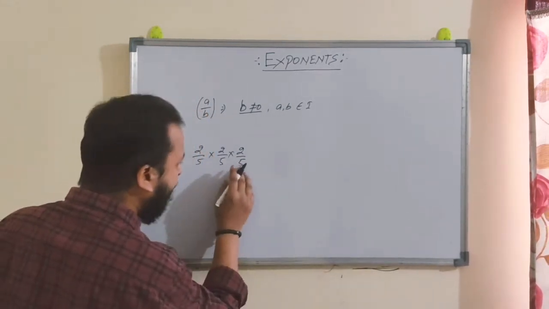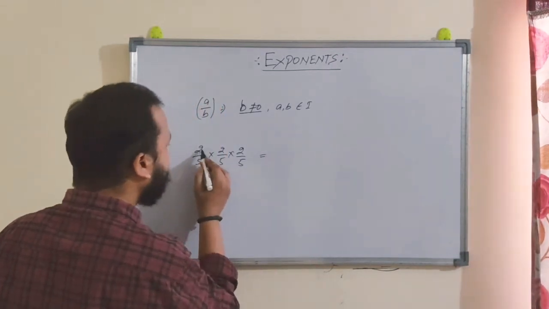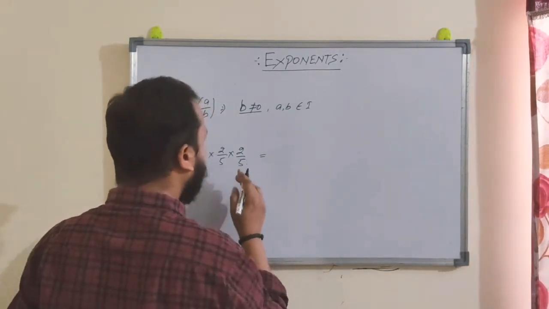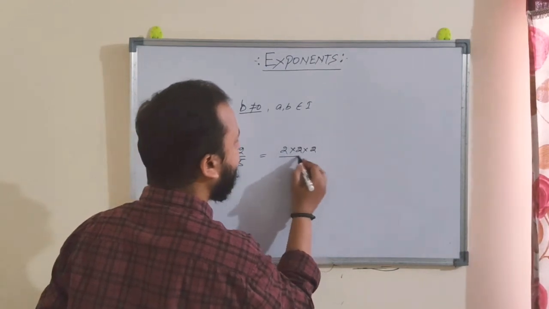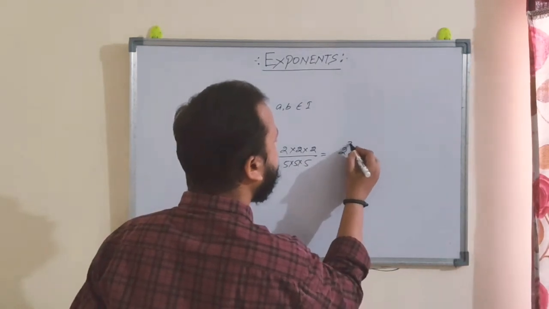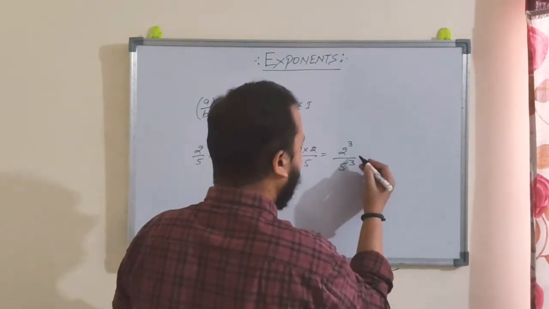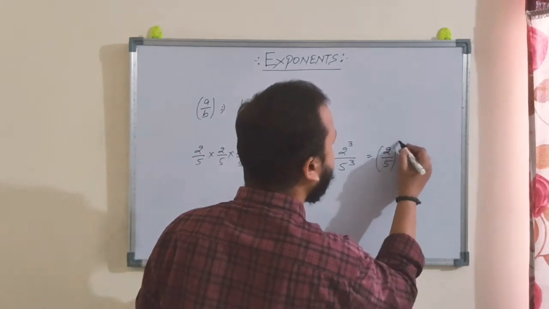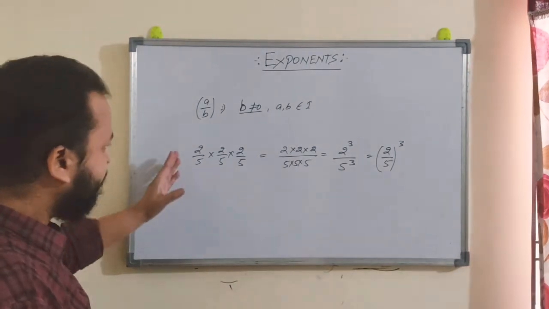If you write it in exponential form, here they are known as numerator, they are known as denominator. In multiplication we know that we should multiply numerator with numerator and denominator with denominator, right? So you can write it as 2 power 3 and 5 power 3, and here powers are same, so you can write it as 2 by 5 whole power 3, right? So this way you can do that.